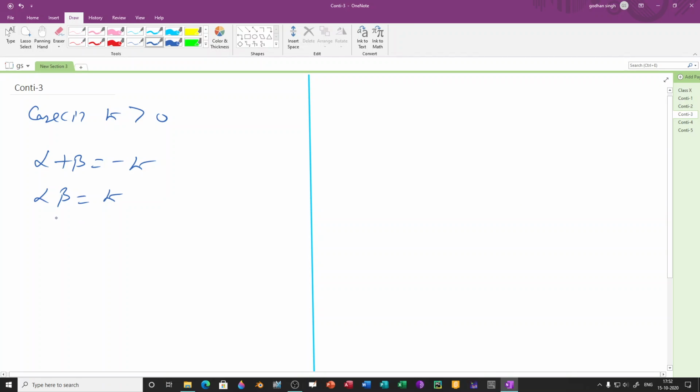Now alpha into beta equal to k, this implies that the product of the two roots, the product of the two zeros, is positive.